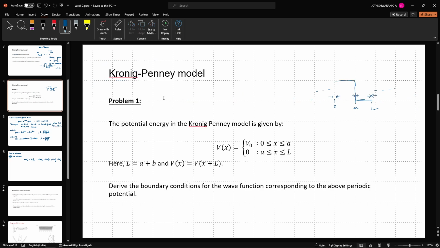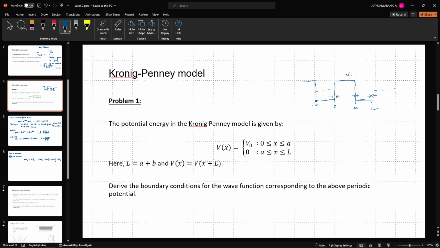But let us look at what the potential actually looks like. Over here, again, the potential will drop down and go like this. Since this is a periodic potential, from 0 to minus a, my potential will again take 0 value. And after that, from minus a to minus l, it will again rise to the high value of V naught.